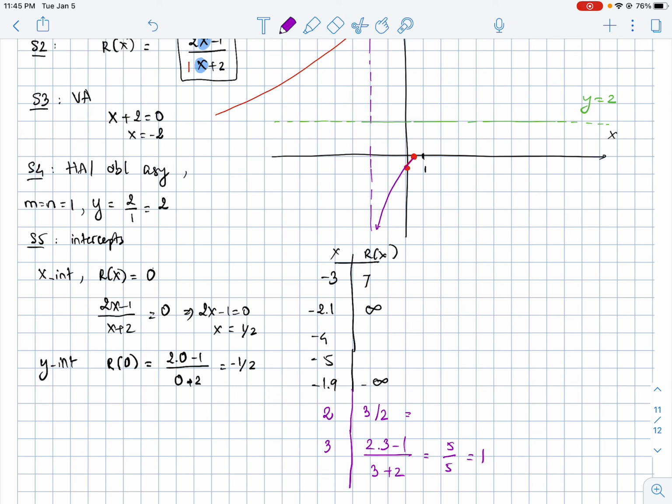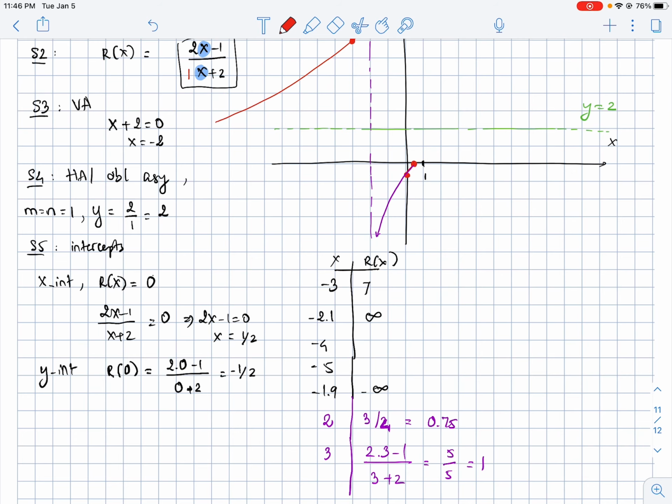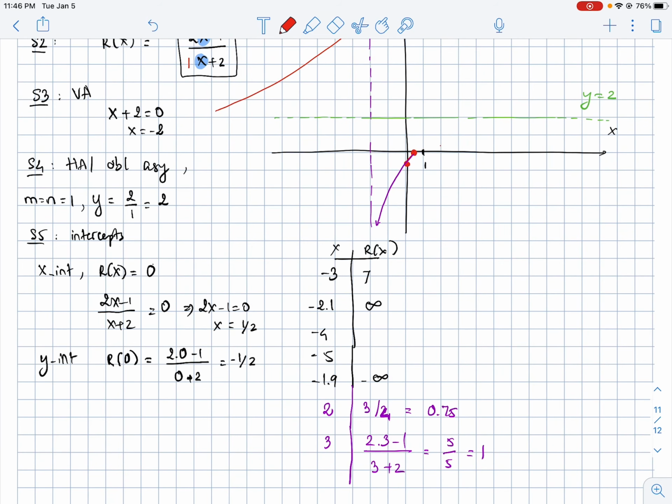So we got the answer is 1. So 3, 1. So we can connect them like this, and then we know that it approaches.